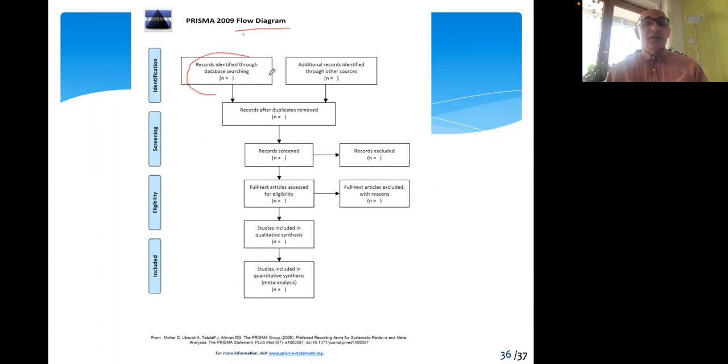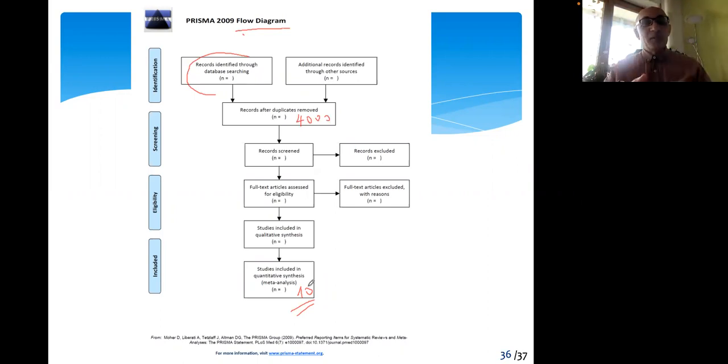So you may start with 1,000 or 4,000 or 5,000, and you may end up analyzing maybe 10 studies, summarizing the evidence from the remaining 10 studies. So this is just one part of a guideline recommendation.